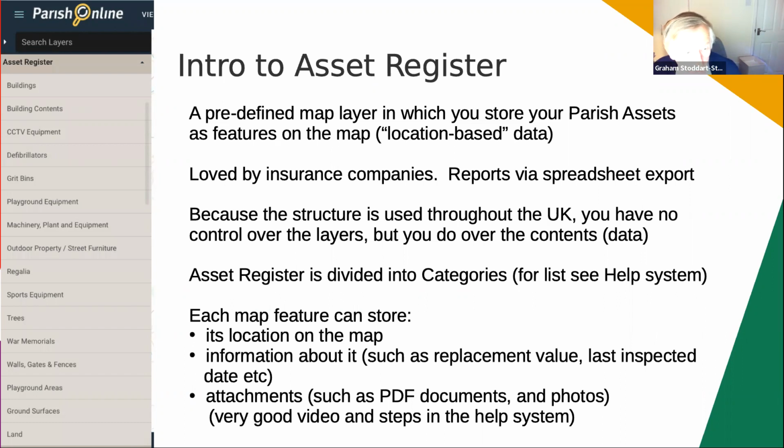So there are different categories in the columns on the left-hand side, and the data that you can collect there, the fields of information, if you will, are all predetermined. They're predetermined because they meet a need, and the need is for insurance, basically. Any question that your insurance company is going to ask you will be answered from your asset register.